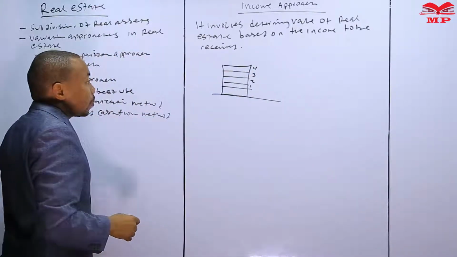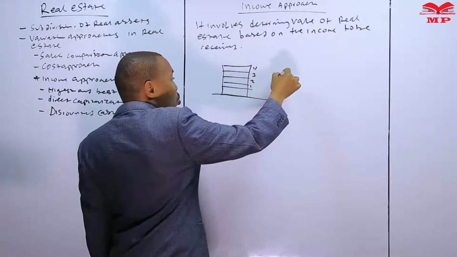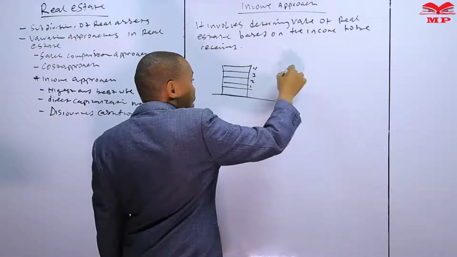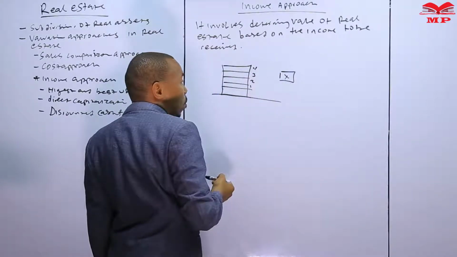The amount of rent that is going to be received by, say, company X, based on these floors, is the income.